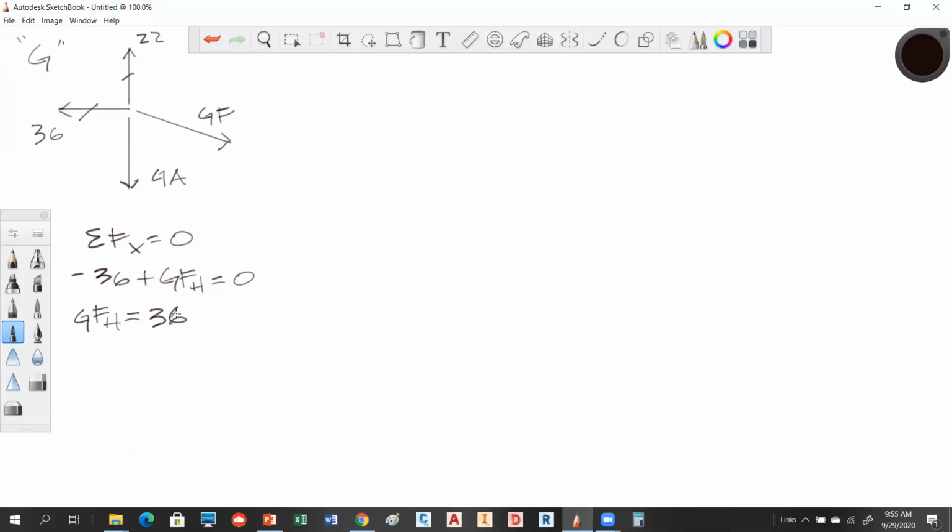So we can write sum of forces in Y up here. In Y, we're going to have 22 up, minus GA, minus the GFV, all of that has to equal 0.